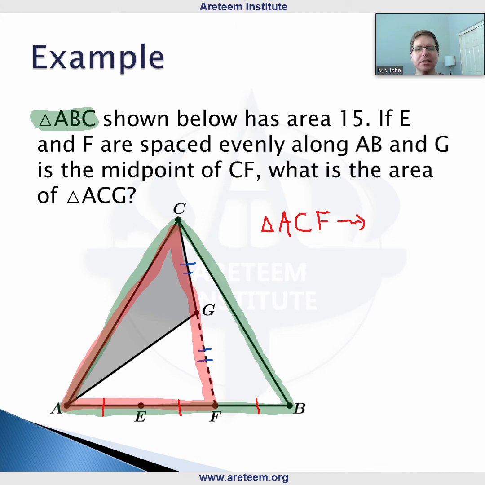Well, it shares the same height as the full triangle if we draw that height straight down, and its base is 2/3, so this is going to be 2/3 of 15, which is equal to 10. Almost immediately we can see this ratio: we take the full triangle, shrink it by 1/3, and we're left with 2/3 of the area. So that area is 10.